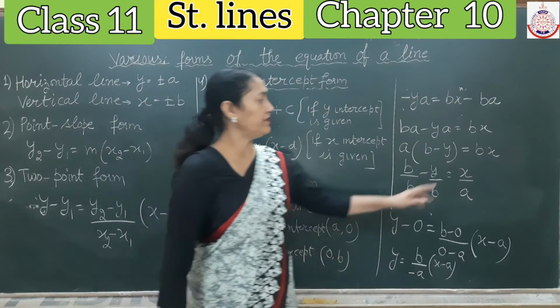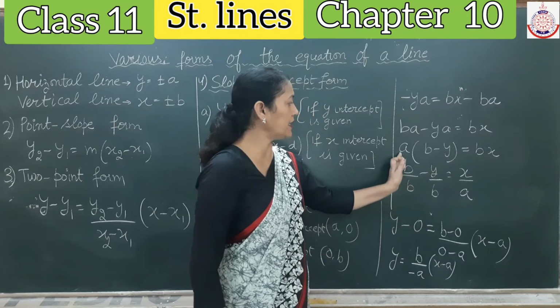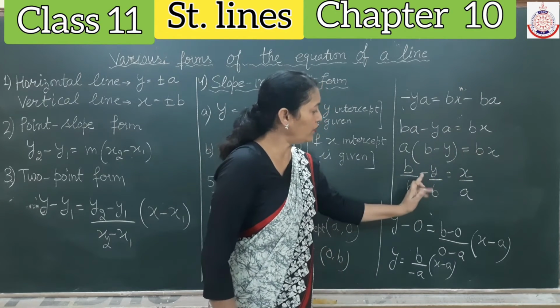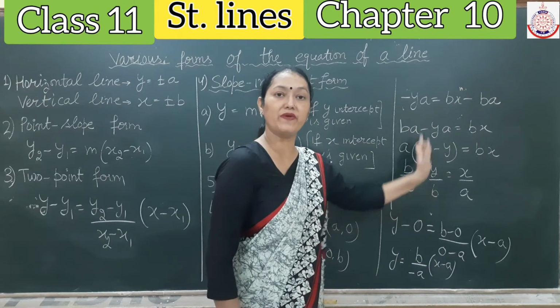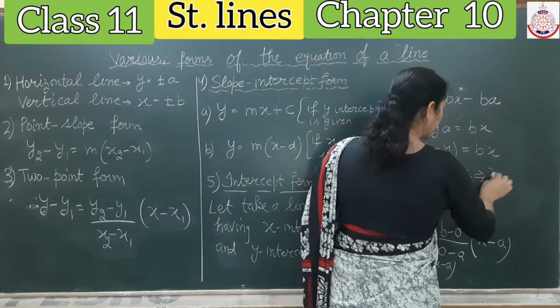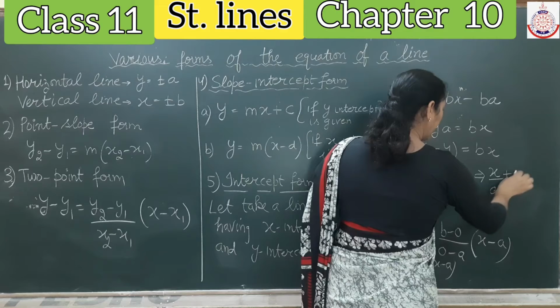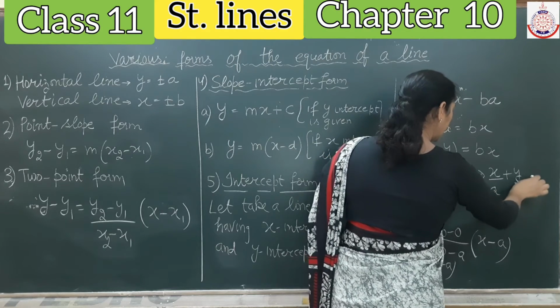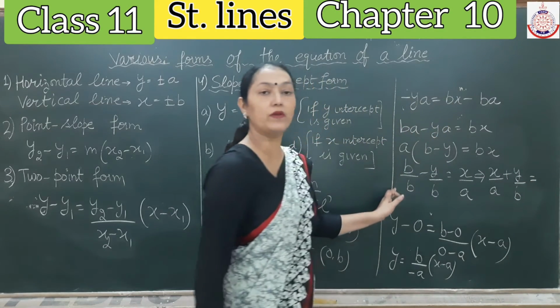What we have done? We have taken b to this side and a to this side. And now if we shift minus y upon b to this side, we'll be having x upon a plus y upon b equals b upon b, means 1.